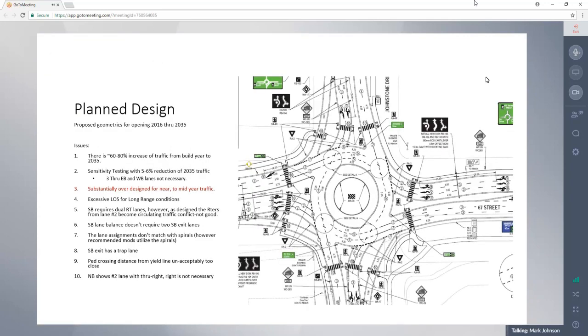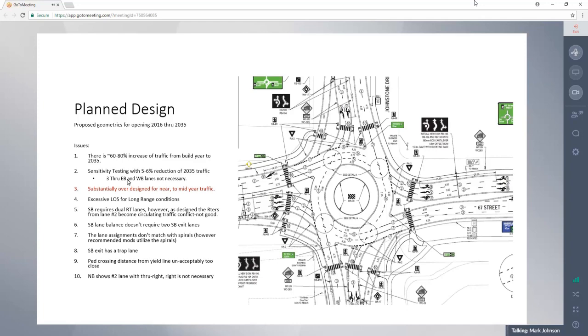So this is a project that I did a review on and went through operationally using Rodel's sensitivity analysis tools. One thing that I do often is, after I've gone through and have a good understanding of the traffic from, say, build year to design year, have a good feel for how much growth is built into that long range design, I may do some sensitivity tests, and Rodel allows you to easily just reduce the flow on a leg.